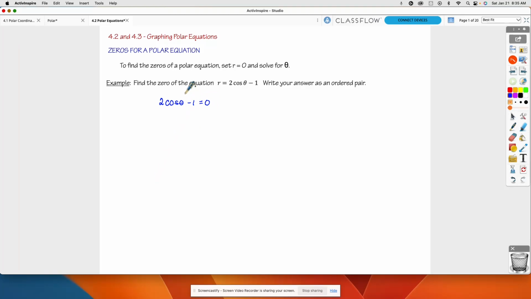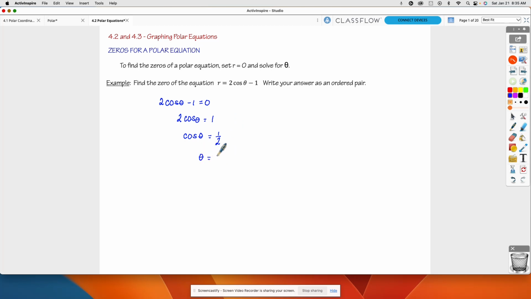Now we want to solve for theta. So we add 1 to both sides, giving us 2 cosine theta is equal to 1. And then dividing both sides by 2, we'll get cosine theta is equal to 1 half. So we want to find the angle in the first quadrant whose cosine is equal to 1 half.